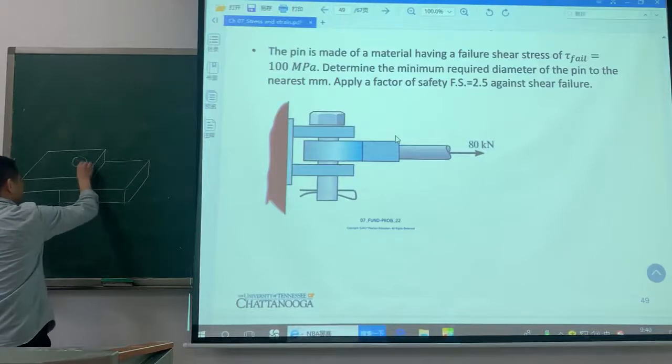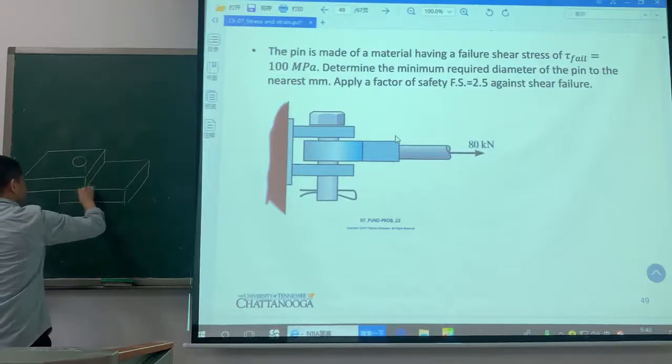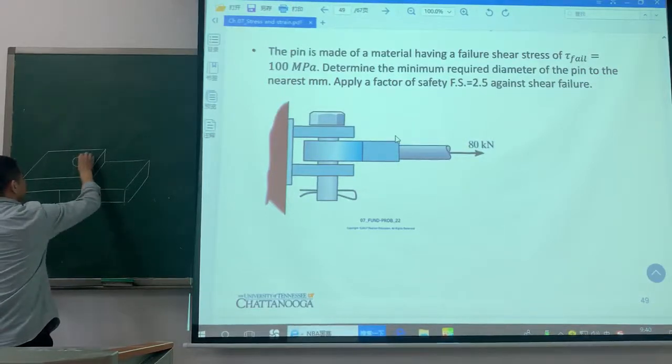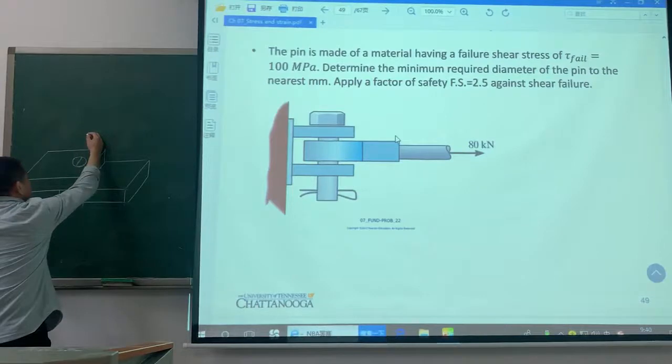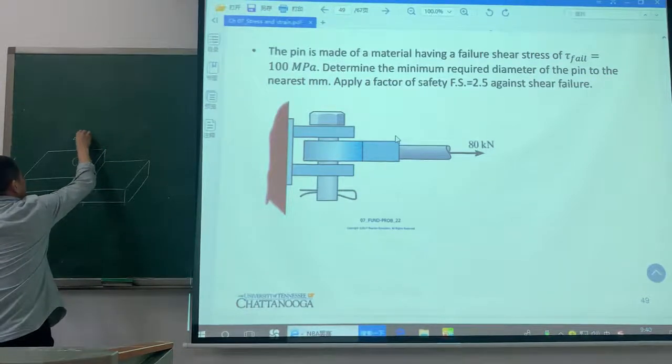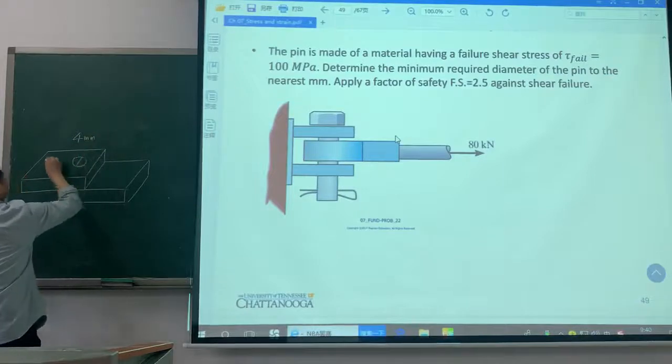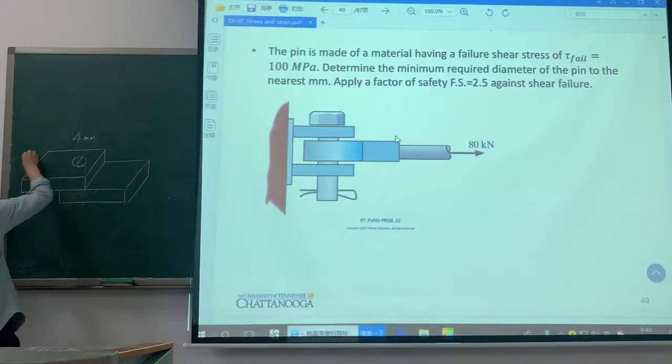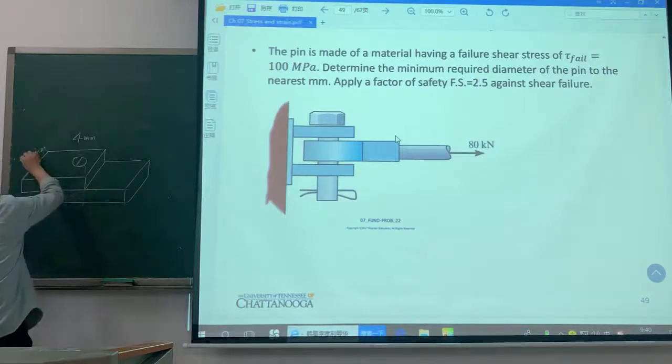It is important. The diameter is 4 millimeter. The largest is 20 millimeter.